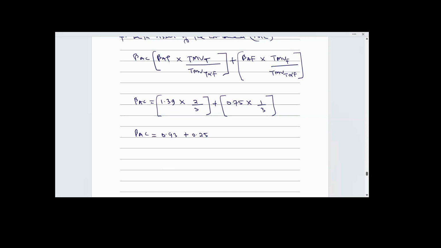So 0.93 plus 0.25 equal 1.18. So the beta assets of the combined is equal to 1.18. So that's it. We just achieved step number 4.